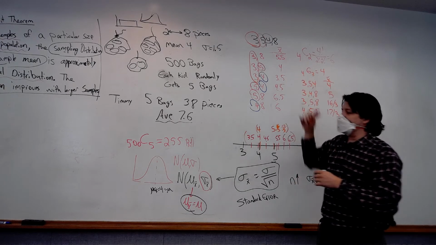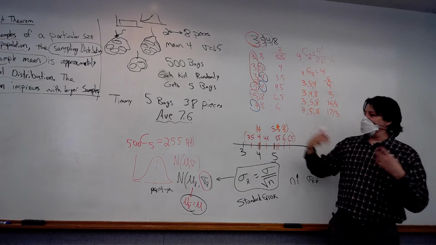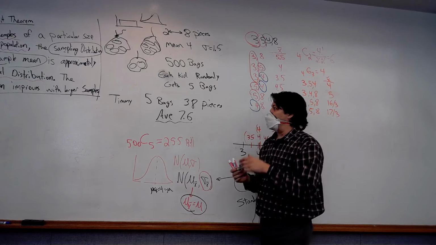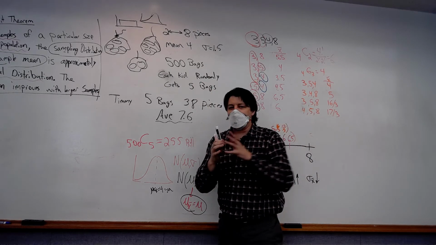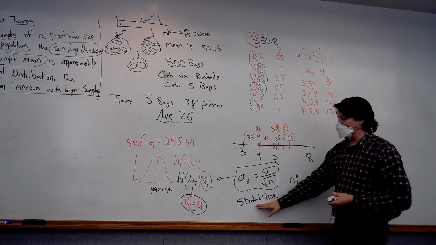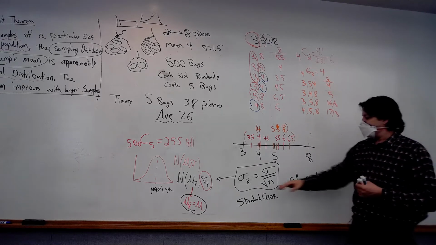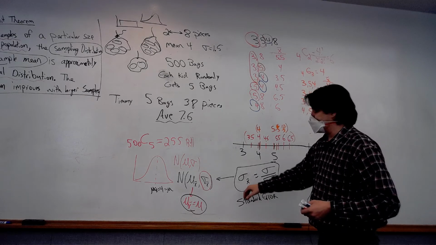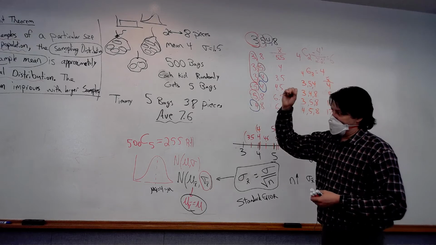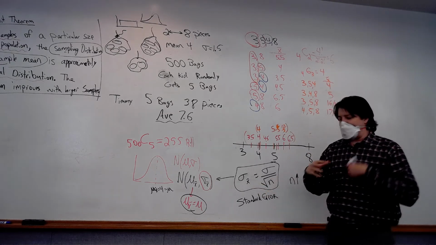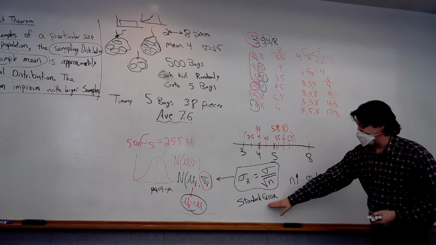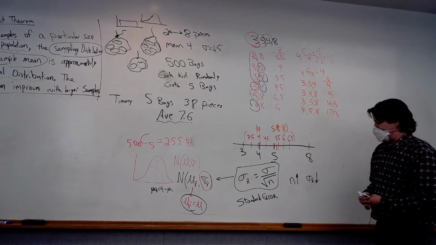These are not all going to hit. In this case, none of them did, but even in this 255 billion, almost none of them are going to hit right on the population mean. So there's some error that's happening, some sampling error, and this is the standard error. I will oftentimes refer to it as the standard deviation of the sampling means, or the standard deviation of the sampling distribution of the sample means, because it helps me remember exactly what I'm pulling it from. But this is a term you'll see quite often.